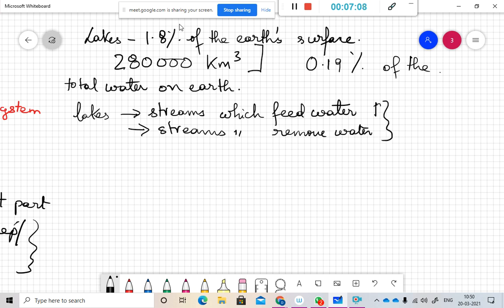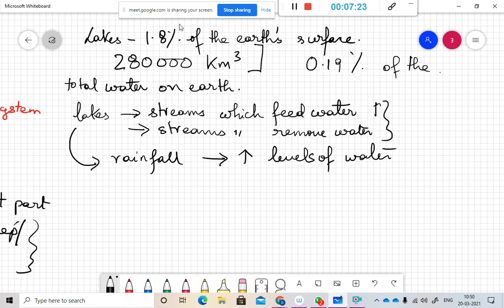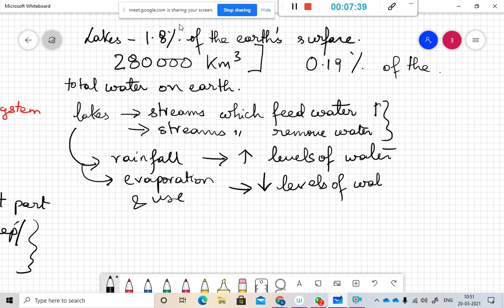The levels of water in lakes are also affected by rainfall, which increases the levels of water, while evaporation and use decrease the levels of water.